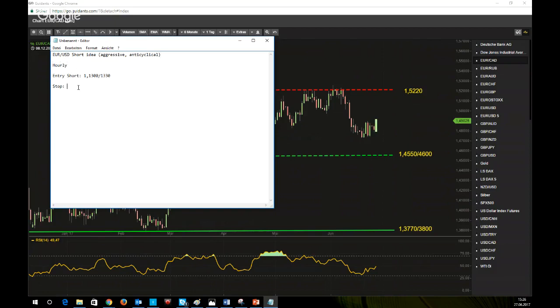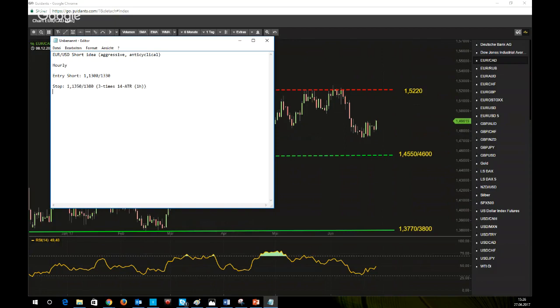So the stop is somewhere, I'd say, between 113.50 and 113.80. In this case, I'm talking about 3 times ATR, the 14 ATR on the hourly chart. As you may recall, that was around 15. So this is somewhere where you put your stop.